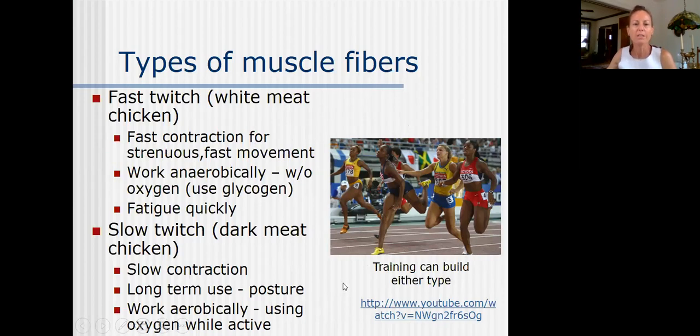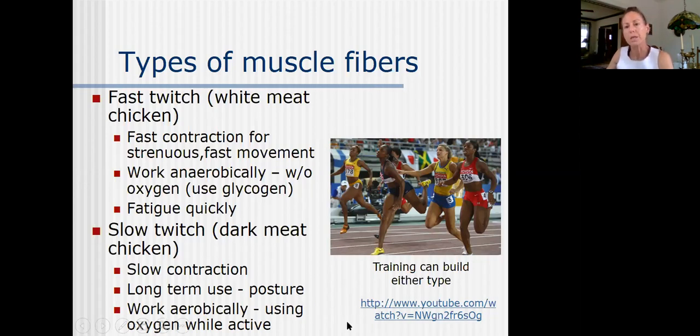So it causes a very fast contraction, and it's for very strenuous, fast movements like these runners, for example. It works anaerobically, without oxygen. Instead, it uses stored energy or glycogen for movement. And they fatigue really quickly. So you can't do this kind of fast movement for very long. So that's why sprinters sprint for shorter periods of time.